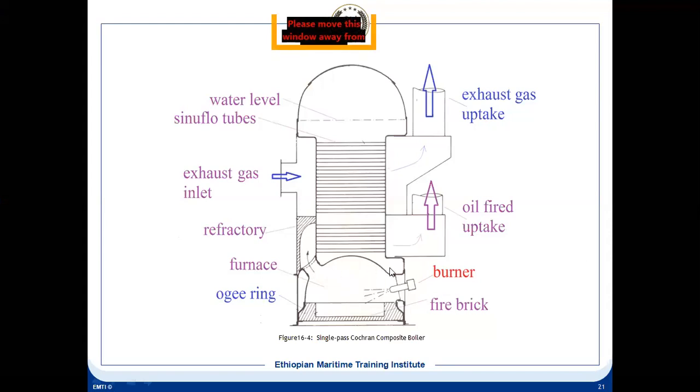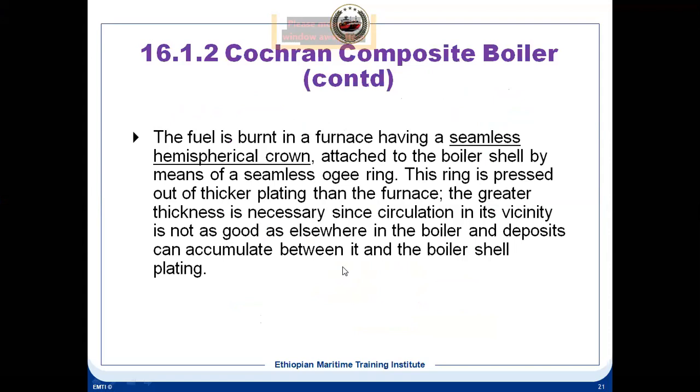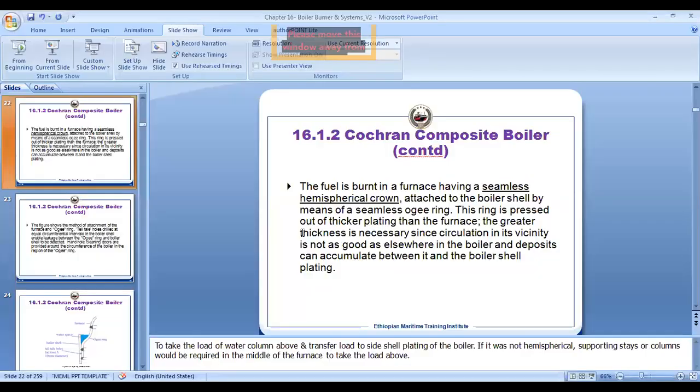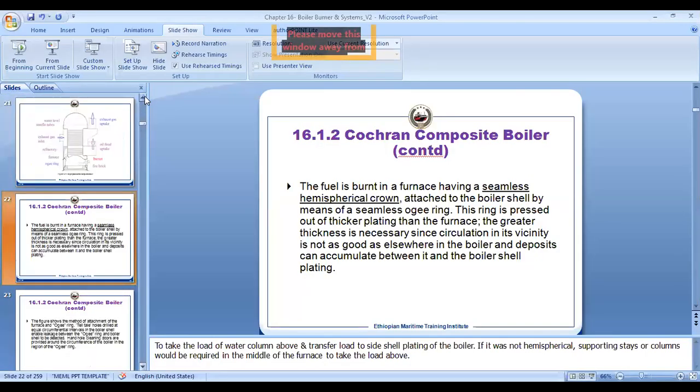If we had a flat crown, the weight of the water which is there in this column above it would require that the flat crown should have some column or stay to keep it in place. Whereas if you make it a hemispherical crown, the weight is being transferred to the side shell of the boiler.